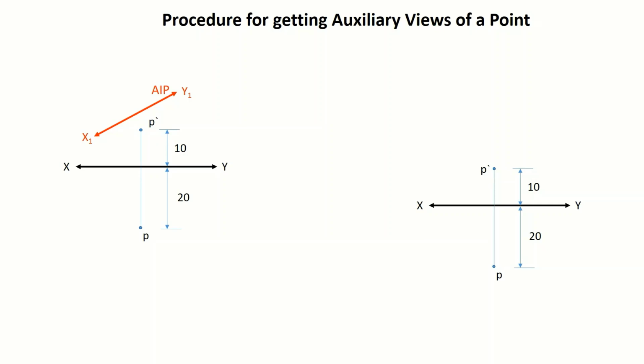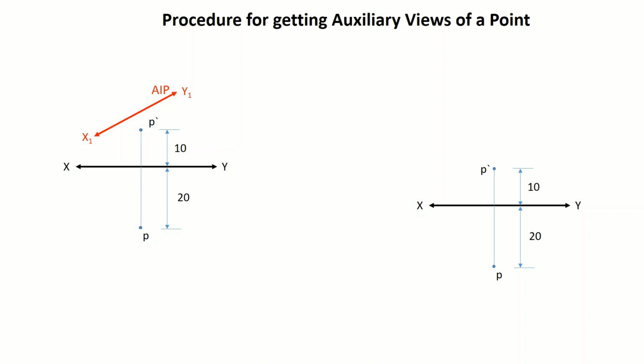Now this x1 y1 line has to be drawn at some inclination. This inclination will either be given to you, or there will be some concept or rule to be followed that we'll discuss in the following slides. For the time being, you can assume that you know this inclination here. So we know x1 y1 at a suitable distance from P dash at a given inclination.